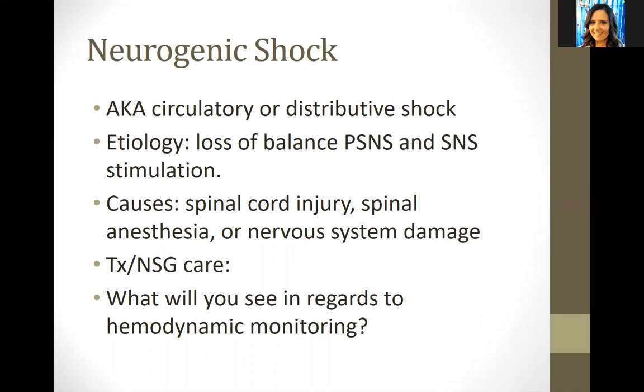For treatment or nursing care, if we do have a patient with spinal anesthesia, make sure their head of bed is increased to at least 30 degrees so that the anesthesia doesn't go up, it goes down the spinal cord. If we are worried about a spinal cord injury, make sure we have cervical immobilization. So put the C-collar on, and have them on the backboard until we rule out other damage.